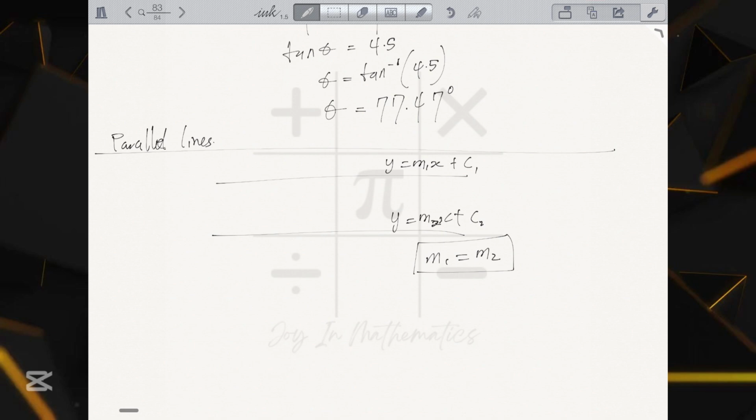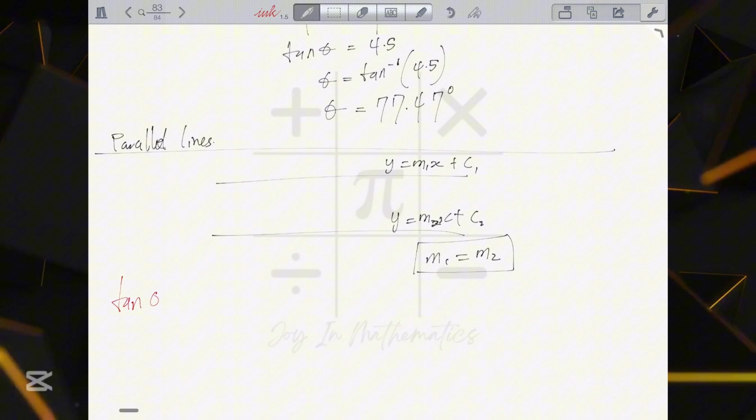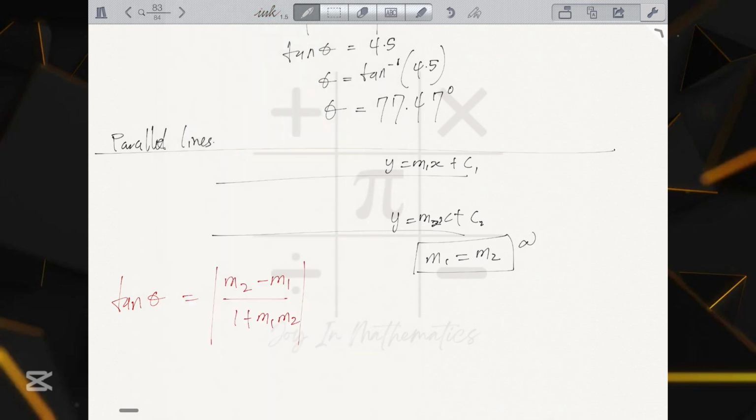So now let's take a look at the formula we apply. In parallel lines, tan theta, the formula for the angle between two lines, equals m2 minus m1 divided by 1 plus m1 m2. Now we are making the condition that m1 equals m2, so we can substitute.